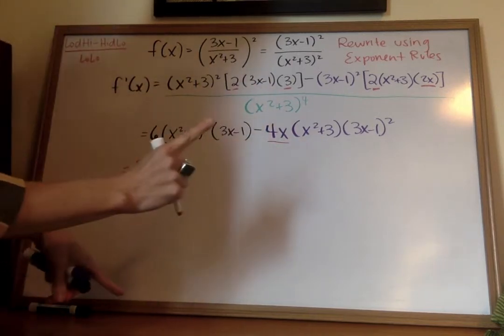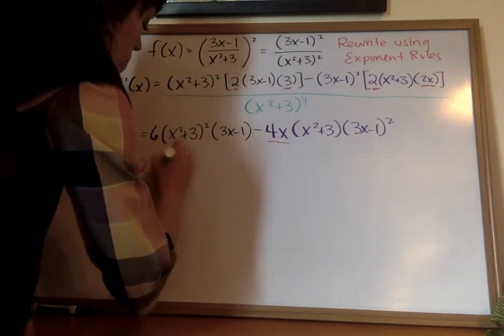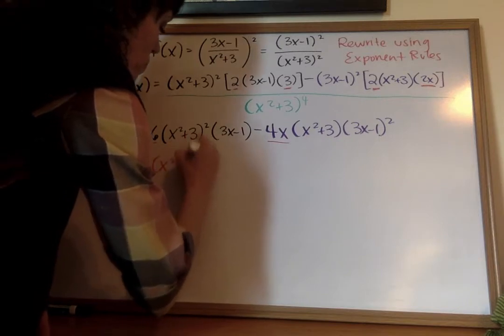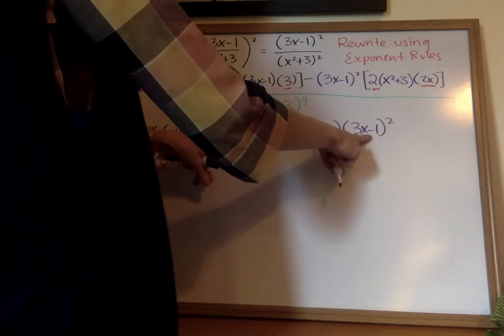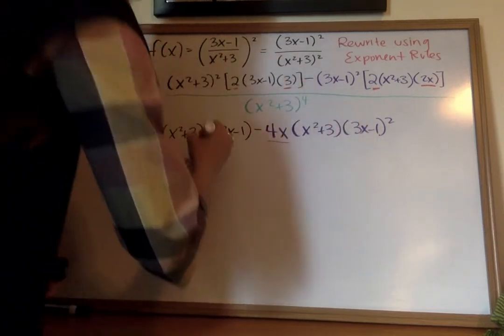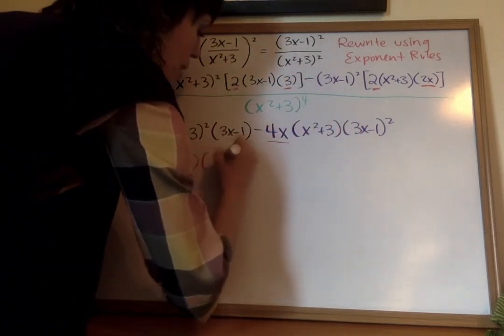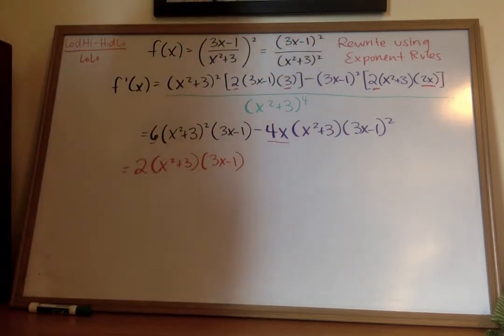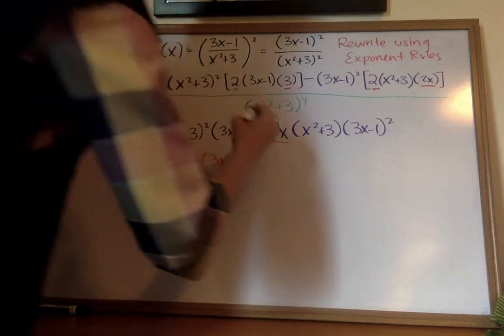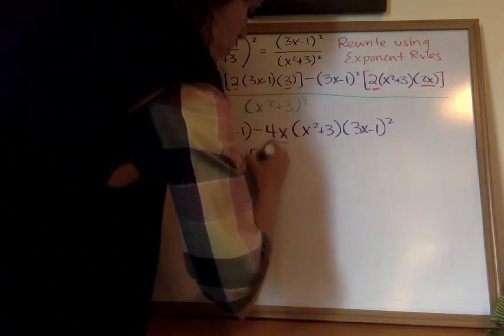So I'm going to pull out one x squared plus 3. I've got 3x minus 1 here, (3x minus 1) squared here. So I'm going to pull out 3x minus 1. And that whole thing in red is my GCF. And now I'm going to write what is left when I factor that out.